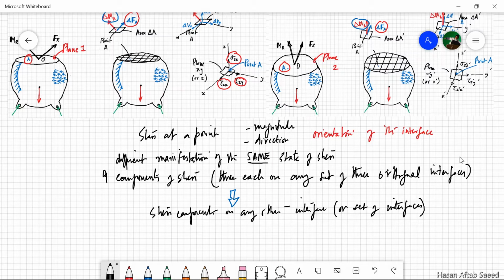In other words, we completely describe the state of stress at a point if we manage to express the stress components on 3 mutually orthogonal interfaces.